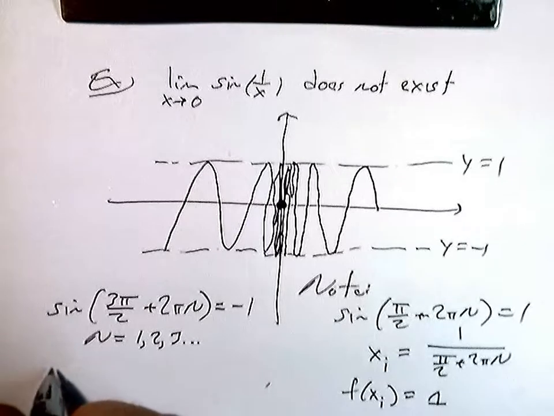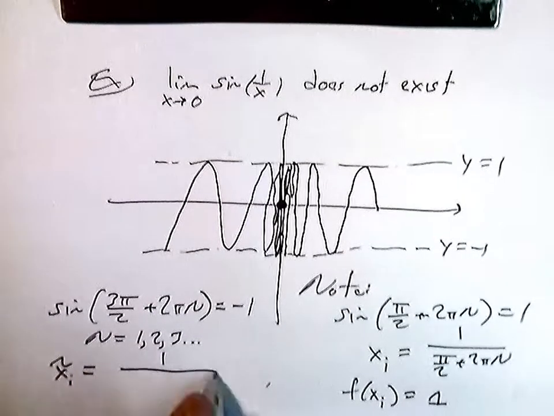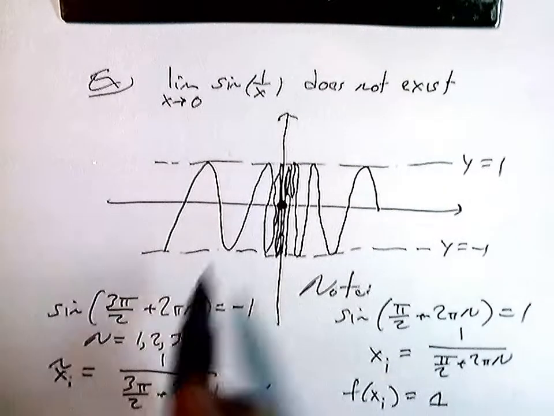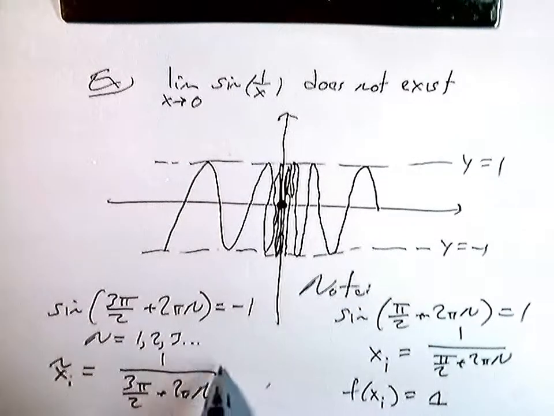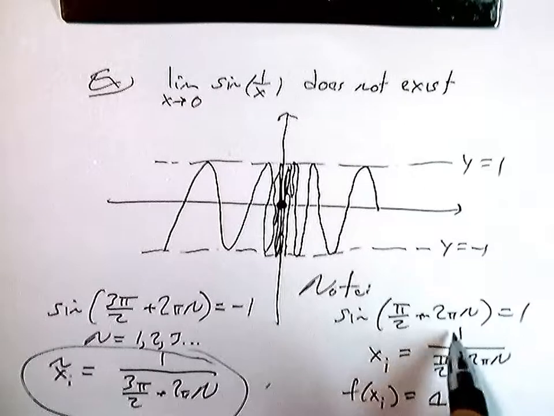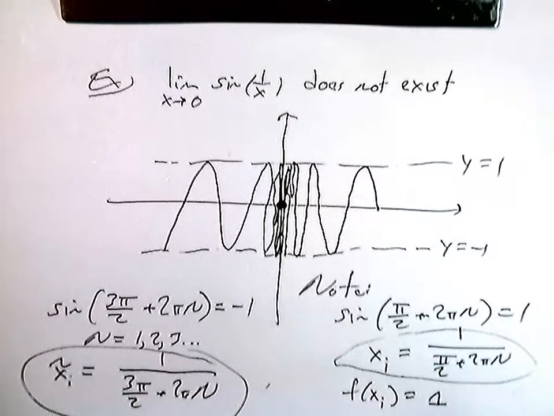So here, if I let my x tilde sub n be 1 over (3 pi over 2 plus 2 pi n), my function at these numbers is going to be down at negative 1. So I have these numbers that are close to 0 but give me negative 1, and these ones here that give me positive 1.